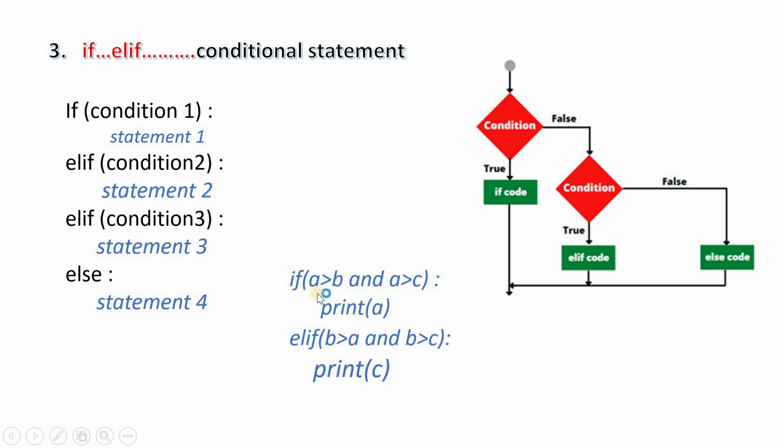If this condition is not true, then the control will move to the elif part, and here you have written another condition. Same, if the condition is true, then the next statement will execute. Otherwise, the control will move to the next part. So this is the execution of the elif statement or else if statement.